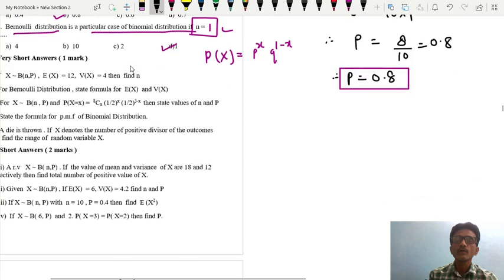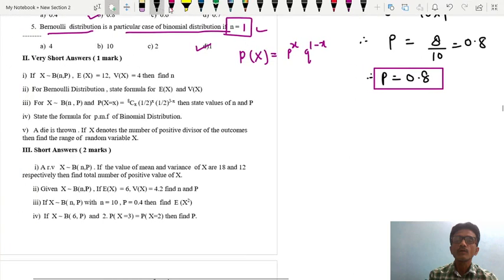Here these are 1 mark questions. So we solve this 1 mark question. First question: x follows binomial distribution with parameter n, p. Ex is given and Vx is given. Then find n.